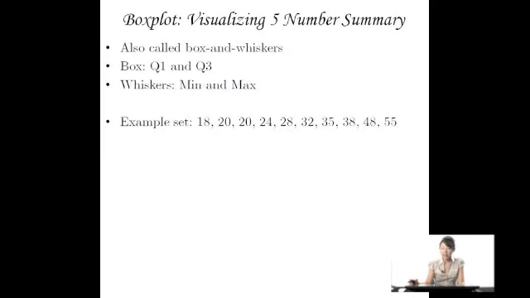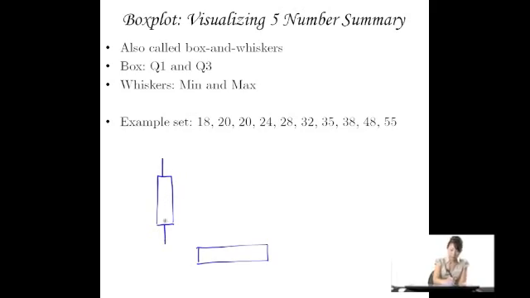So now we're going to talk about a way to visualize that 5-number summary really quickly. It's called a box plot. It's also called a box and whiskers plot. It's called box and whiskers because oftentimes there's a box, right? It could also be on its side, like this, with whiskers on it, right? And oftentimes this box is split up somewhere in between, not necessarily in the middle. This box is often aligned with an axis of values of your variable, right?